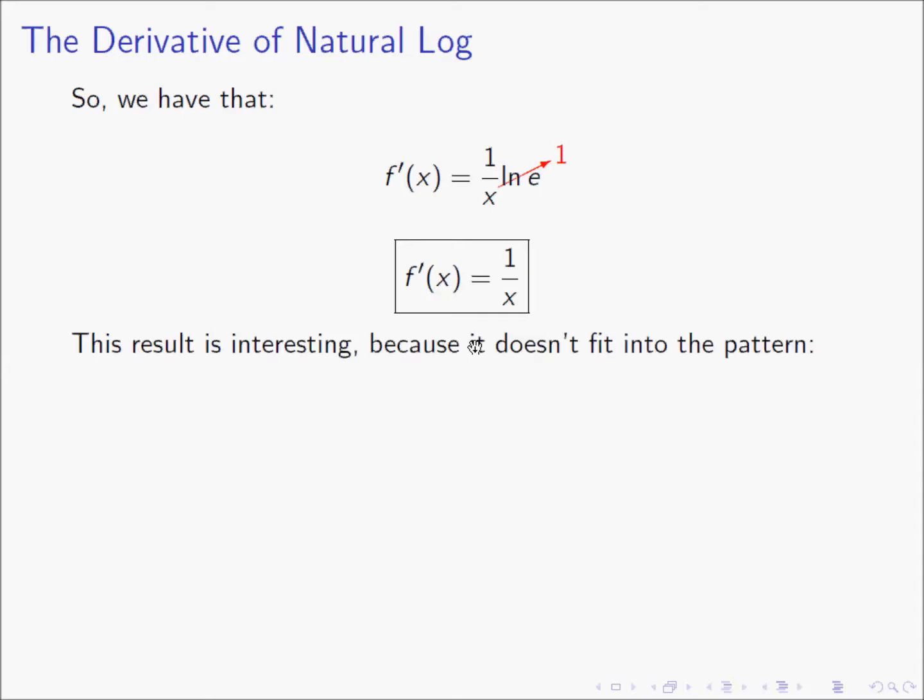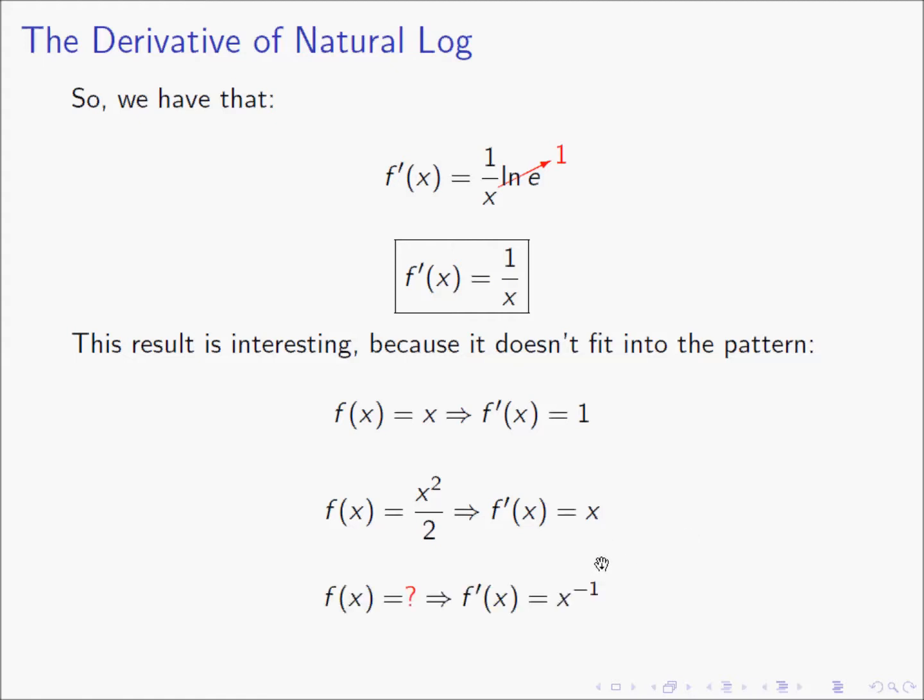And I find this result pretty interesting because it doesn't fit into the pattern. Because if you have the function f of x equals x, its derivative is 1. If you take the function x squared over 2, its derivative is x. And if you take a function x to the n, where n is any exponent, you'll expect that the function whose derivative is x to the n will be a polynomial function like this one.